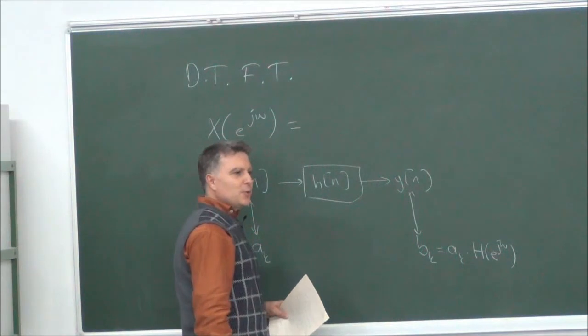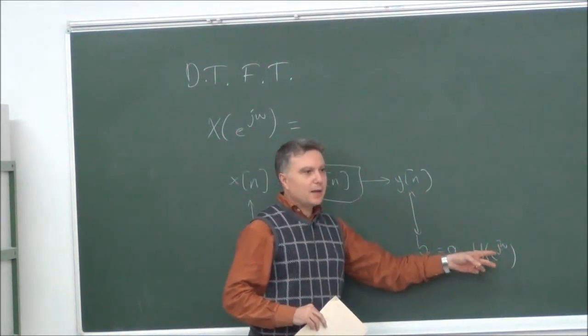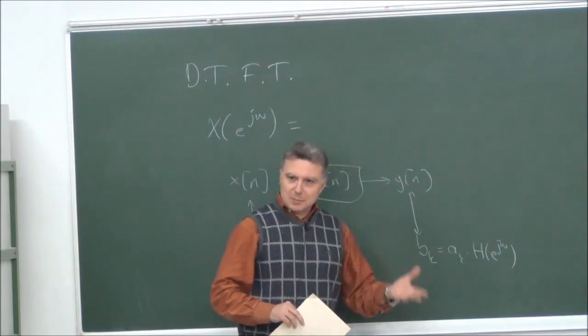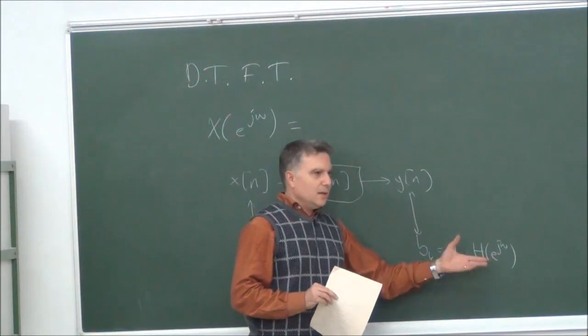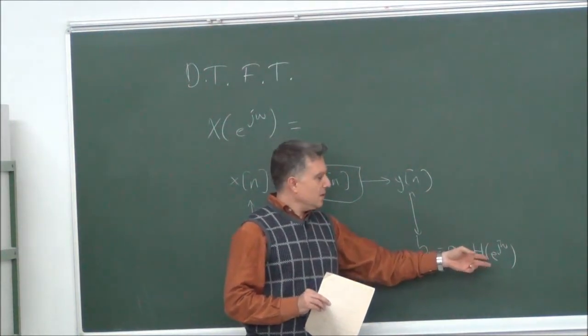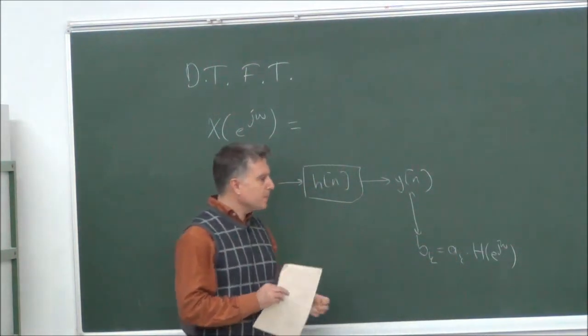But I'm writing h of omega in a very hard way here. I'm writing it like e to the j omega. But e and j, as I said before, are just fixed numbers. E is the natural exponential term, it's a number, and j is the square root of -1.